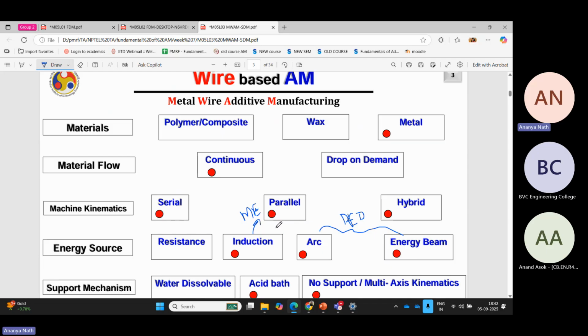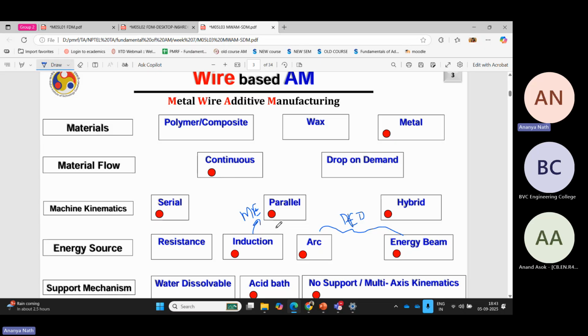So if you are printing a copper part, for example, using FDM or material extrusion, you can print the support with steel and then go for the acid bath. The acid bath will not harm the copper, but it will dissolve the stainless steel.